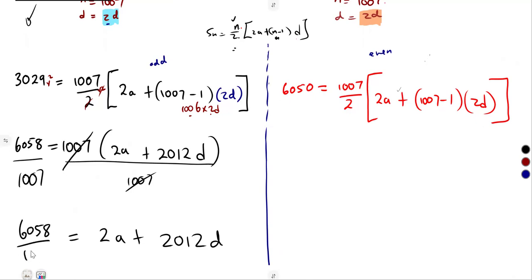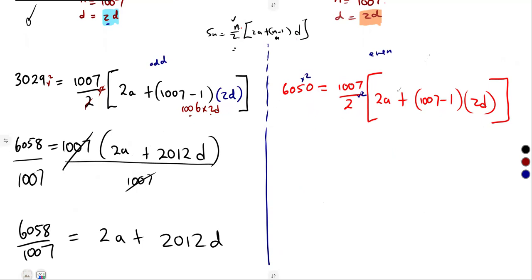I want us to see something that is going to happen here because of this part of the bracket. Let's do the stages just like here: multiply by 2 to get rid of that 2 in the denominator.